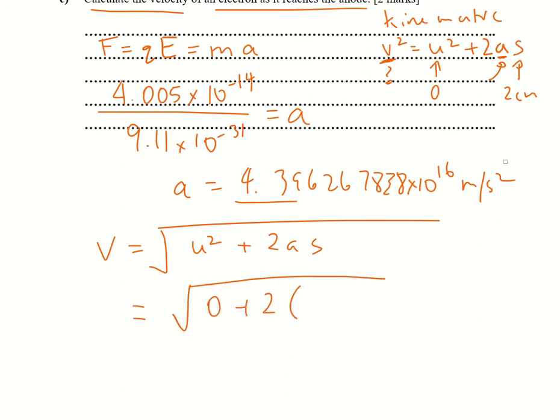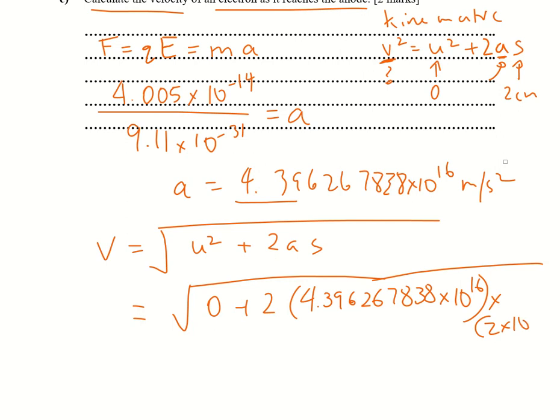The acceleration, times my displacement, which is just 2 centimeters, so don't forget to change your units to match up with that. My velocity, rounded off, is approximately 4.20 times 10 to the power of 7 meters per second.